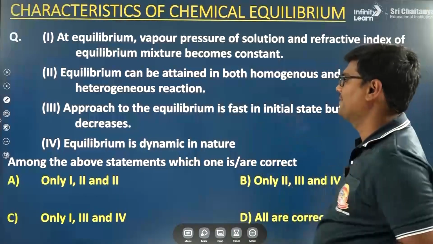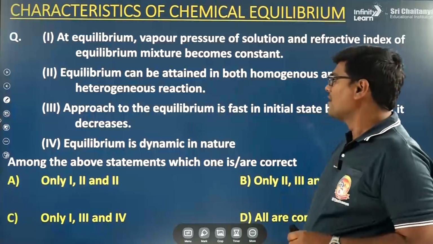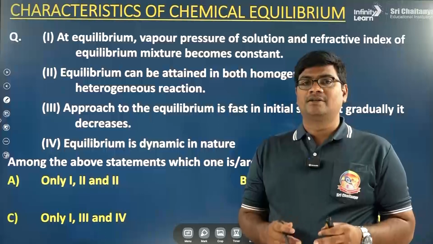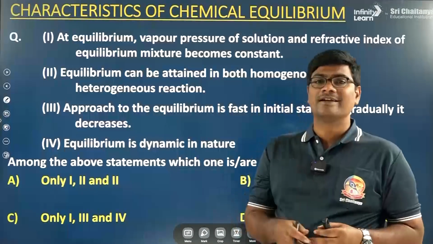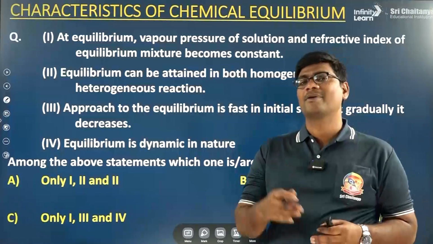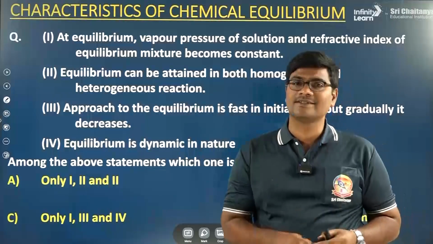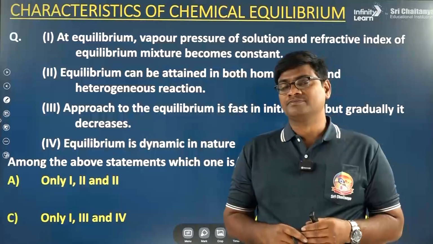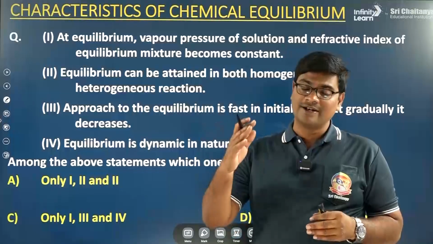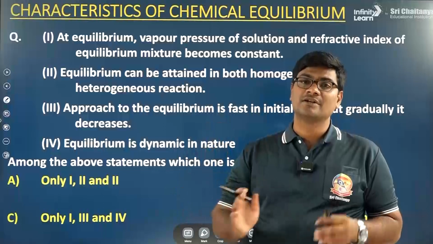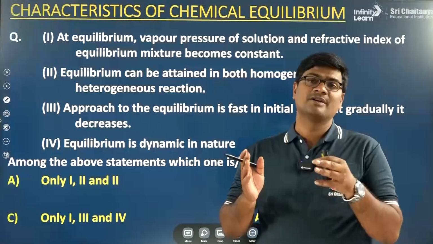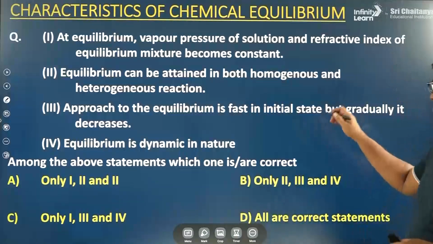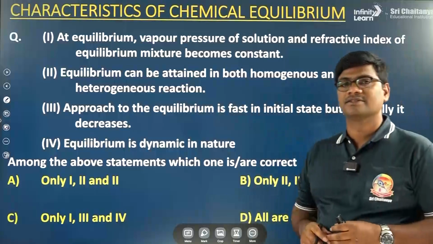Let's go for the third statement. Approach to the equilibrium is fast in the initial state. Initially the rate of forward reaction decreases, as we discussed, and the rate of backward reaction increases, as we discussed in the previous question. So initially the approach is very fast, and once it is reaching the equilibrium position, the rates become slow, such that the approach is fast in the initial state and gradually decreases.